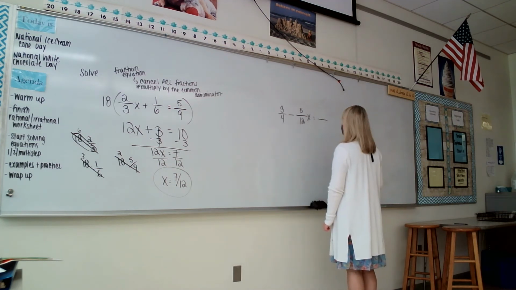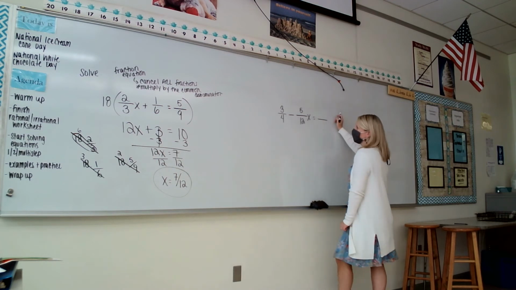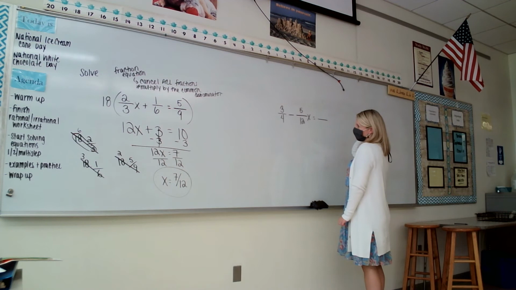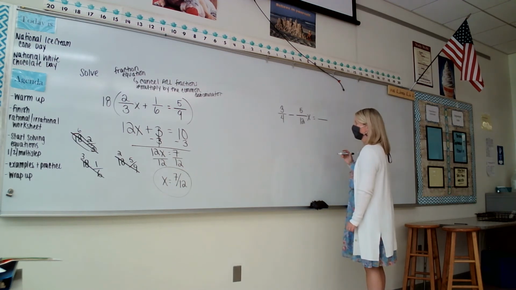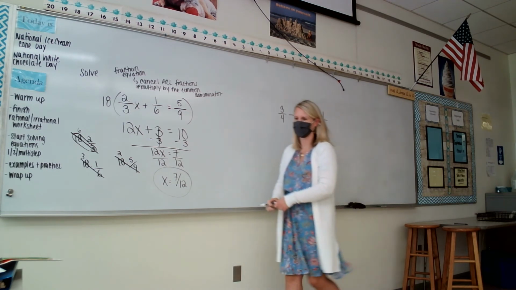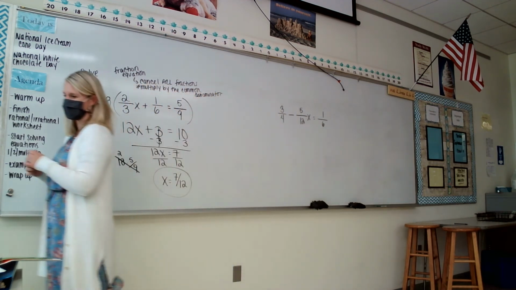Sorry, I'm just trying to think of nice numbers that aren't gonna kill you. 6, 7, 8, we'll do equals 1/6. Just trying not to kill you with the numbers.